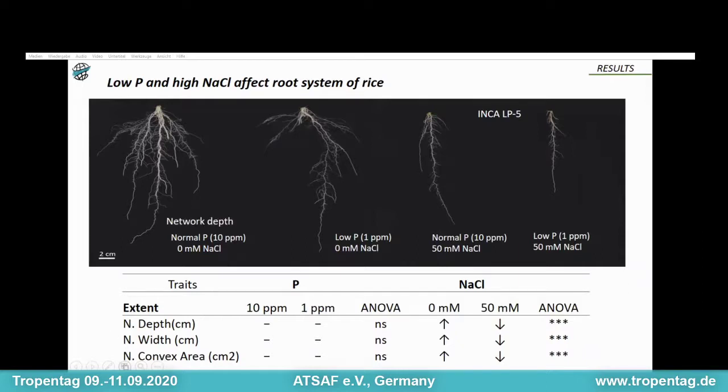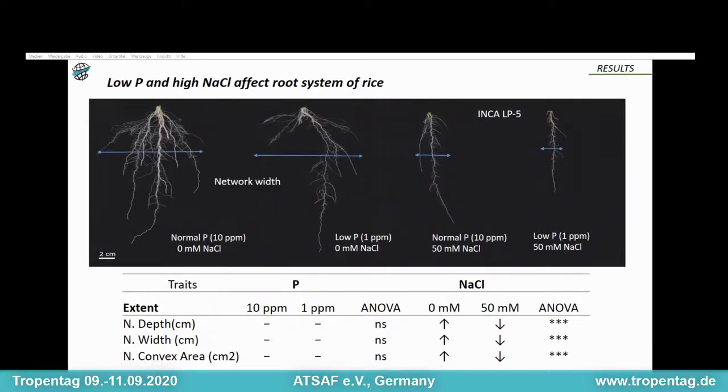None of these traits was affected by low phosphorus concentration, but they were affected by high salt concentration. As you can see here, network depth was not affected with low P concentration, but was affected with high concentration of sodium chloride. And the biggest reduction was with the combination of low P concentration and high salt concentration.